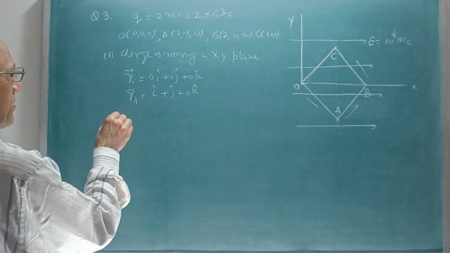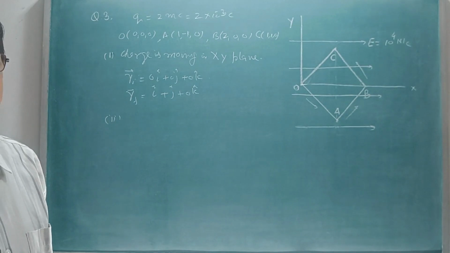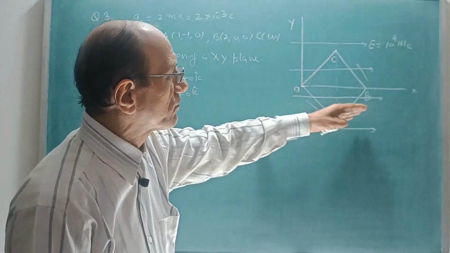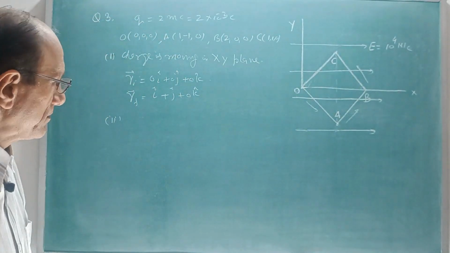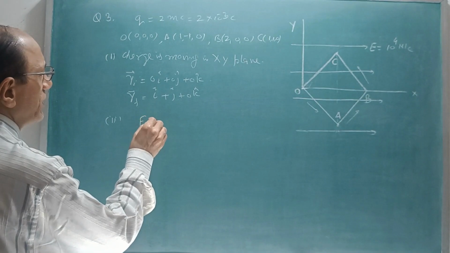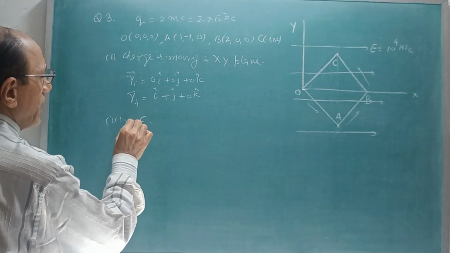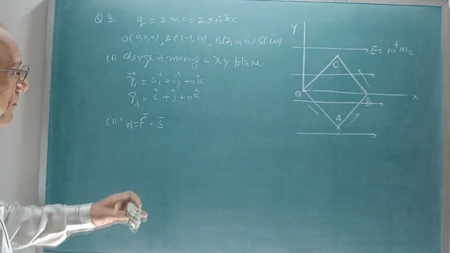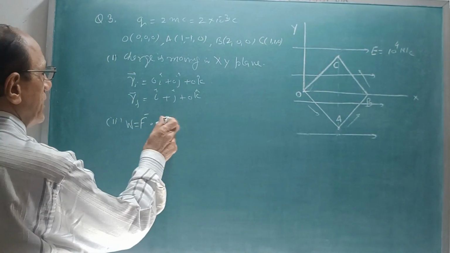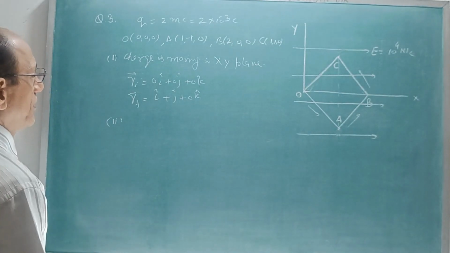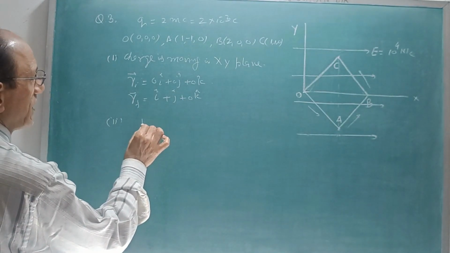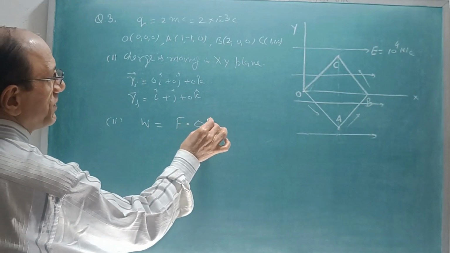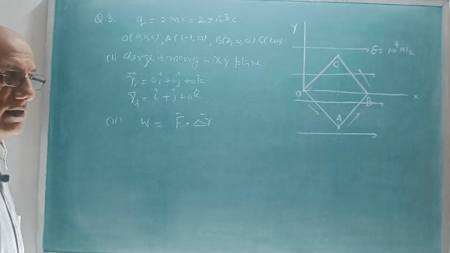So for the second part, we find the work done in moving this charge from this point to this point. We know work done is F dot S, or F dot delta R, that is, force dot displacement.